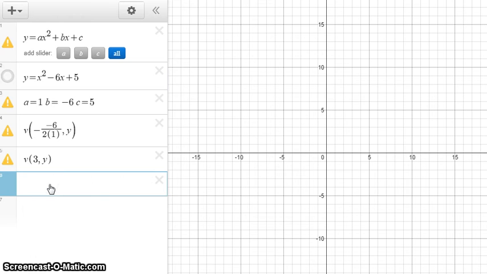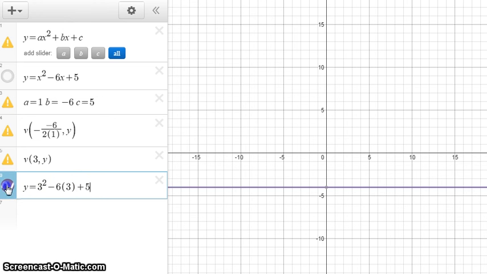So y would be equal to 3 squared minus 6 times 3 plus 5. That's 9 minus 18 plus 5, which gives us negative 4. So that's my y value.